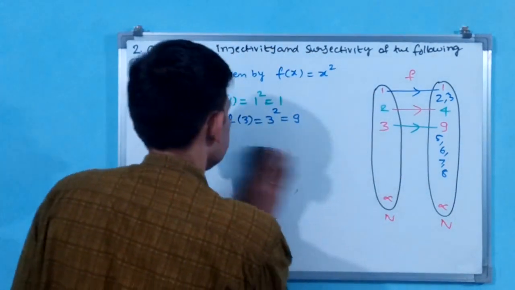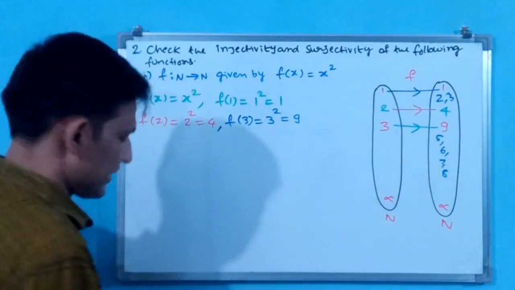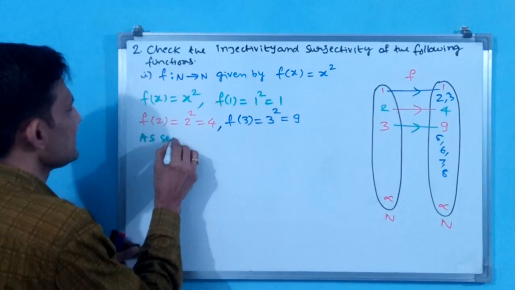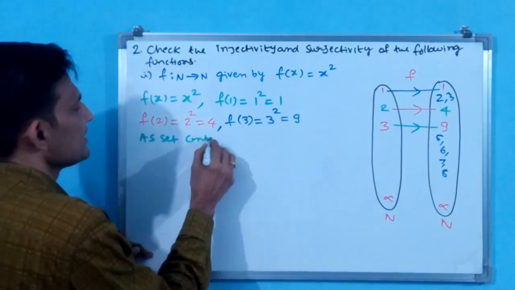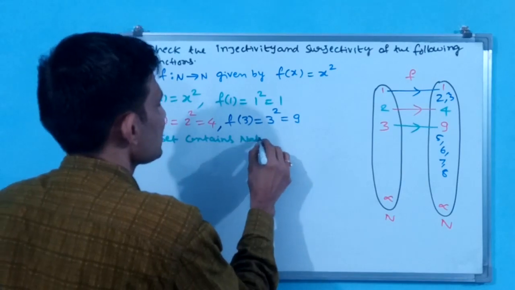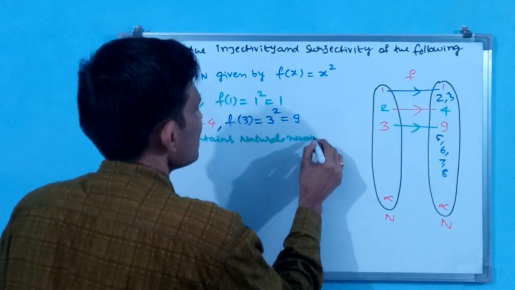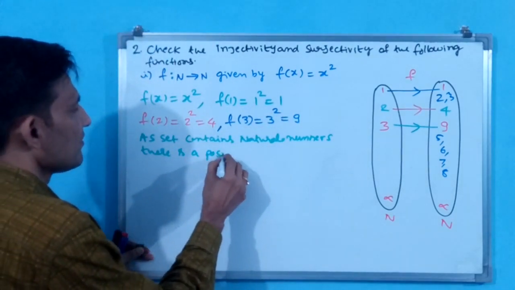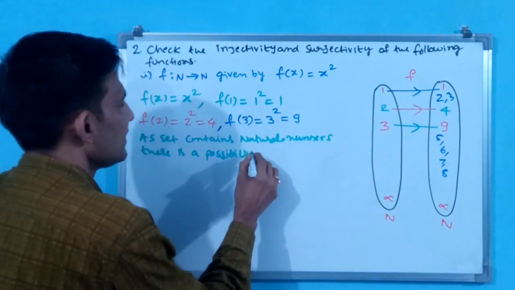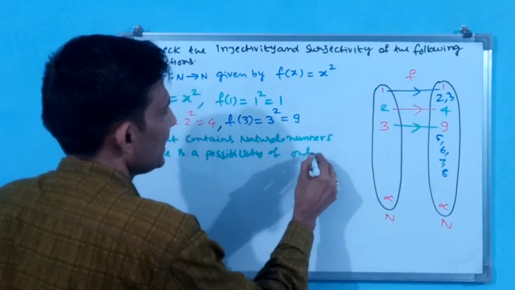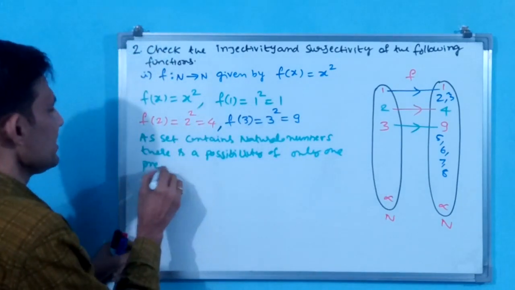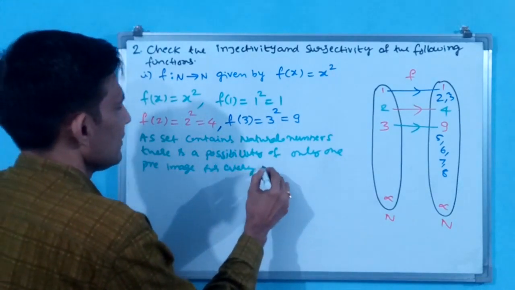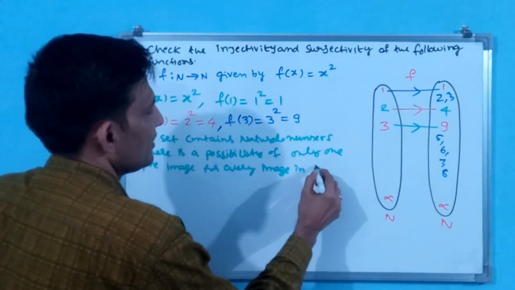What we write? As the set contains natural numbers, there is a possibility of only one pre-image for every image in the codomain.